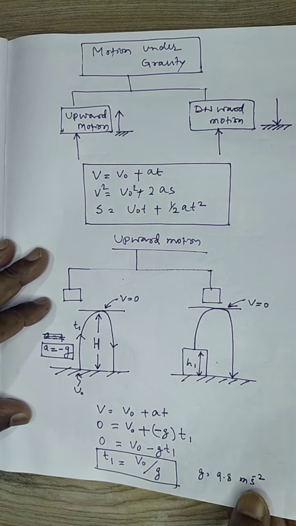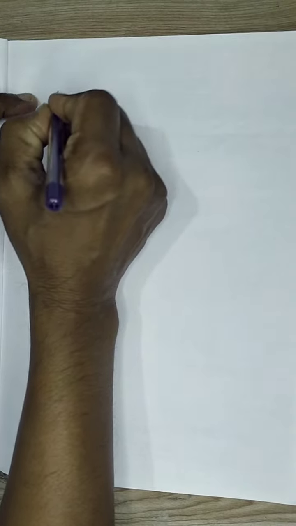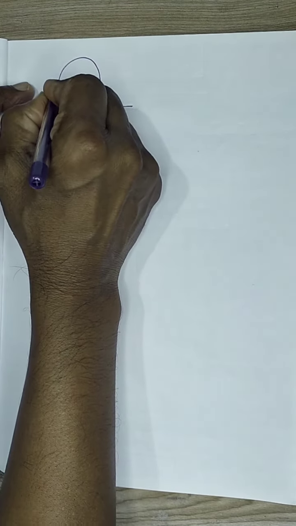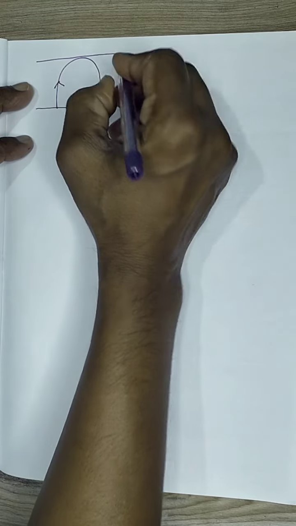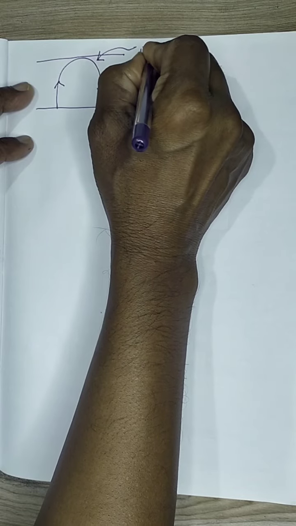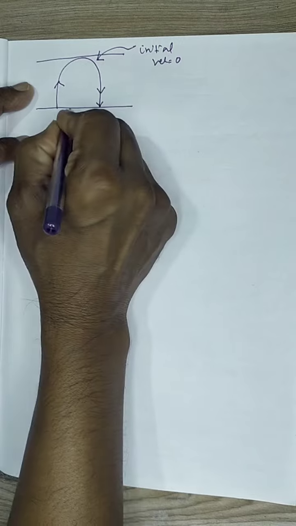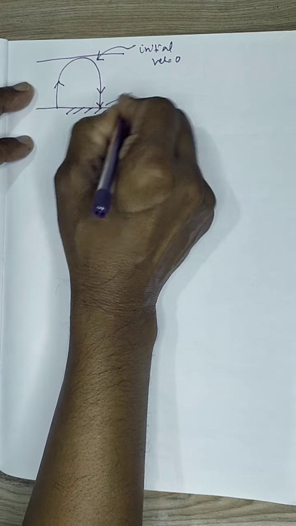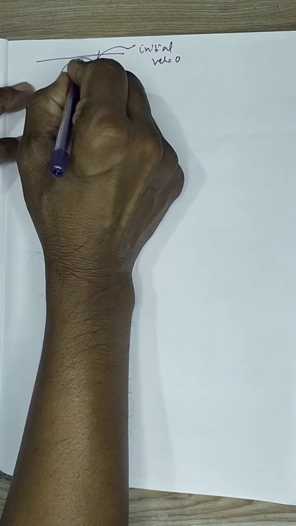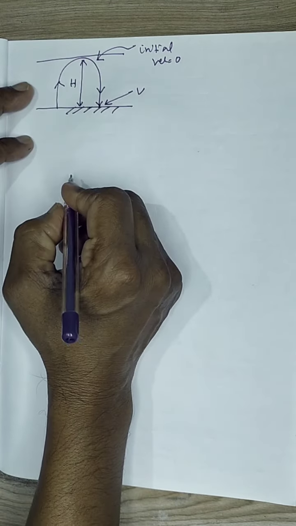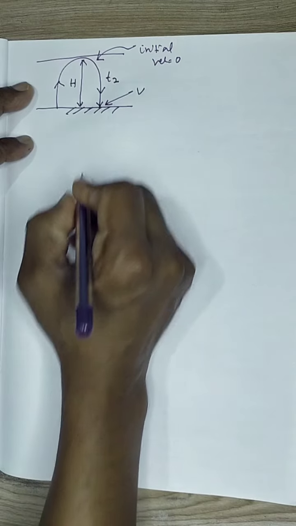While coming down, during downward motion, the initial velocity is 0 and it hits the ground with a certain velocity v. During the motion, it covers a distance of h and the time taken is t2.